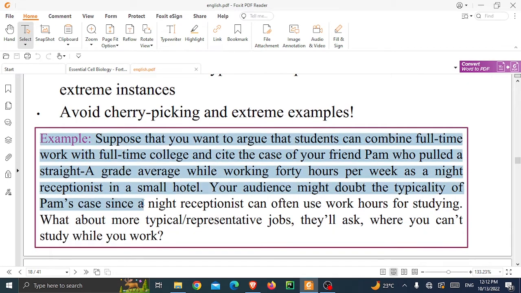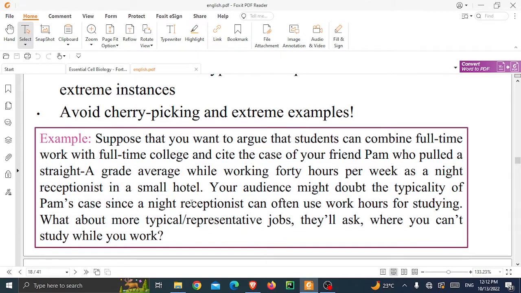And to save time, this example says that someone said that working a full-time job with full-time college can work, because one of his friends worked as a full-time receptionist on a night shift, and she got straight A's.